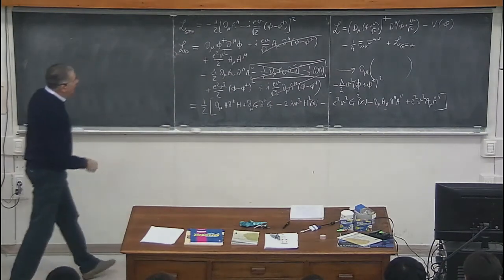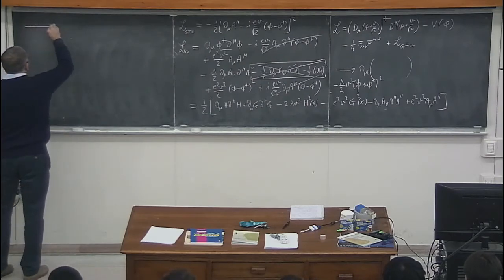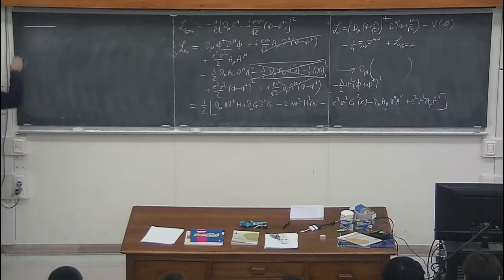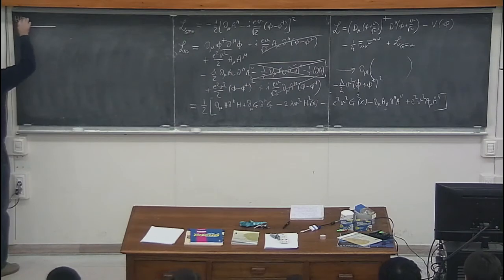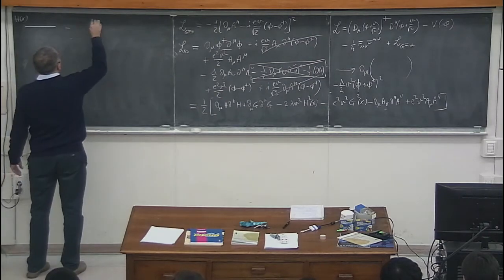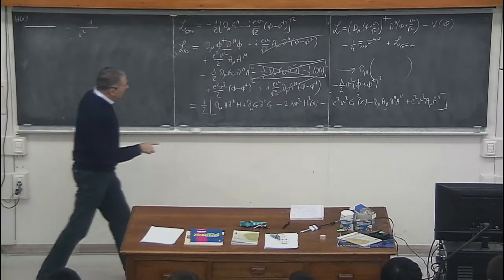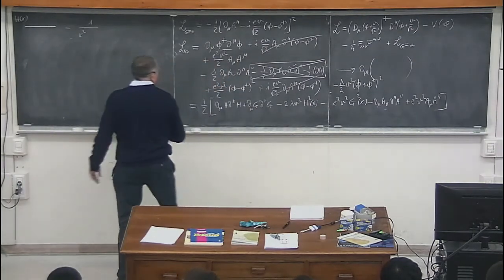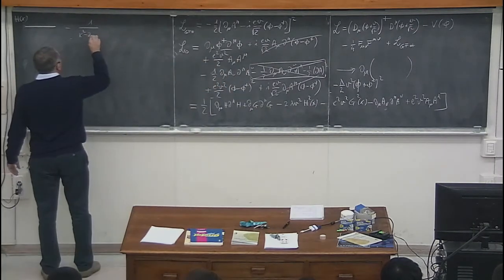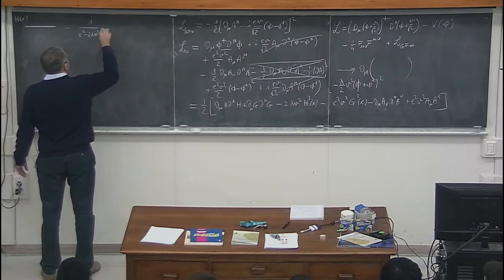So what are the propagators for this theory after quantization? I use solid lines for the Higgs field, the real part of the scalar field, and the corresponding propagator is minus 1 over k square minus 2 lambda v square plus I epsilon.